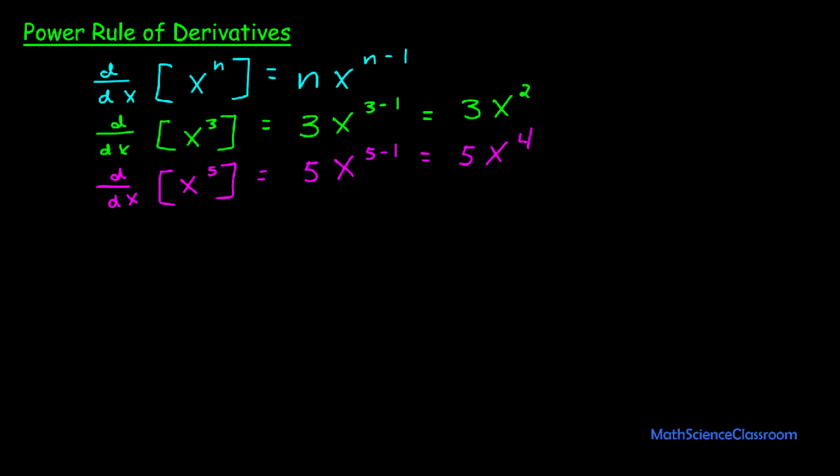Next, d dx of x to the 7th power. Put the exponent in front, 7x to the 7 minus 1 power equals 7x to the 6th power.